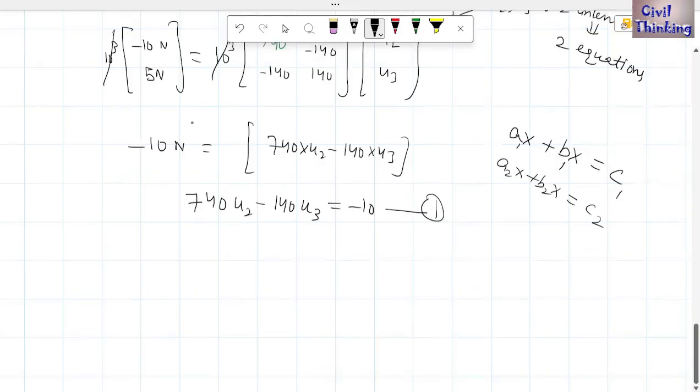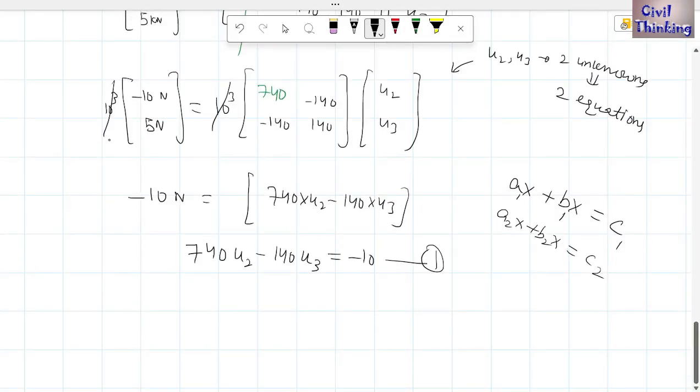Then let us write the second equation. The second equation is going to be what? 5 Newton is equal to, the second equation is from here, right? So this row into this column: minus 140 times u2 plus 140 times u3. Because in the first equation we used the first row, in the second equation we will use the second row.